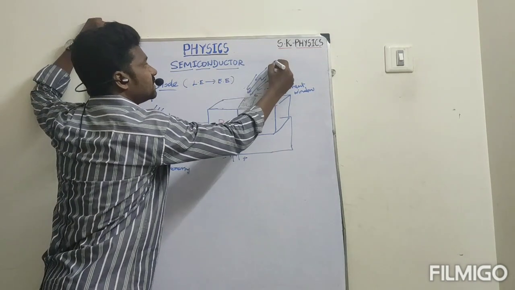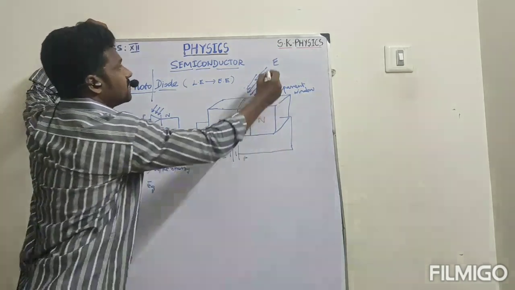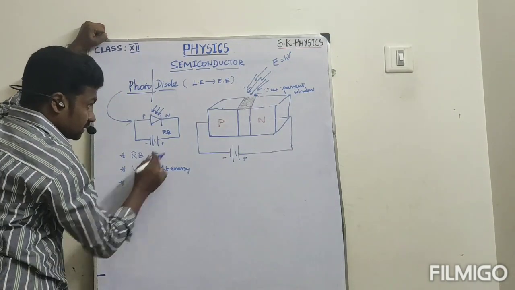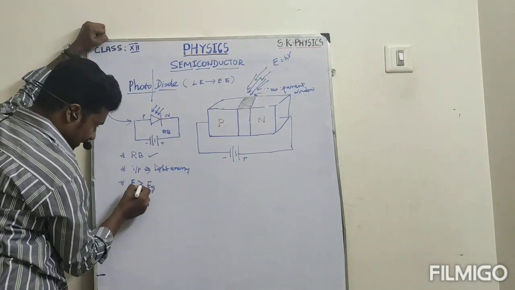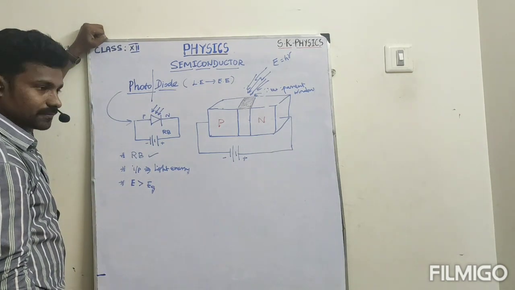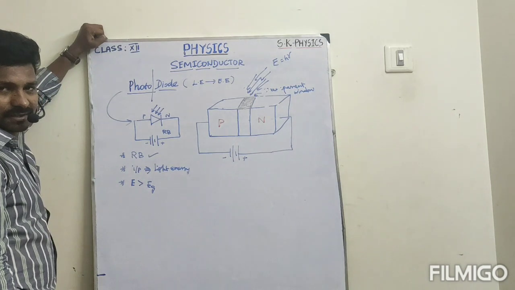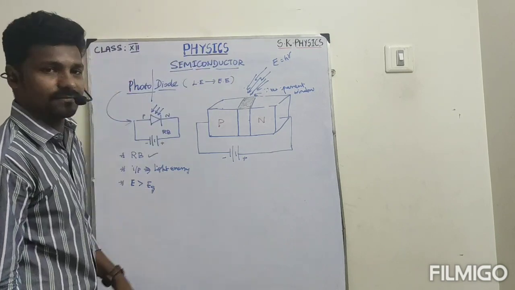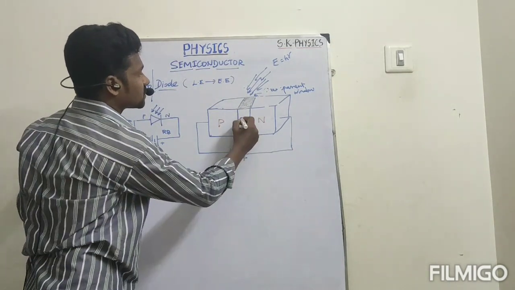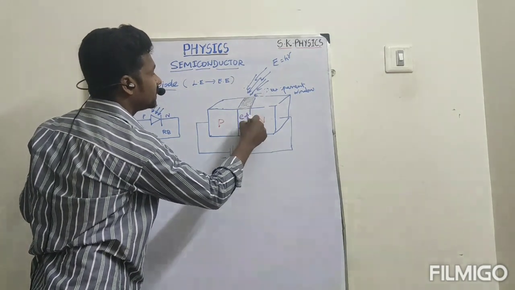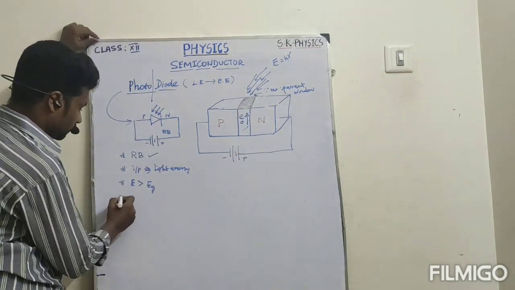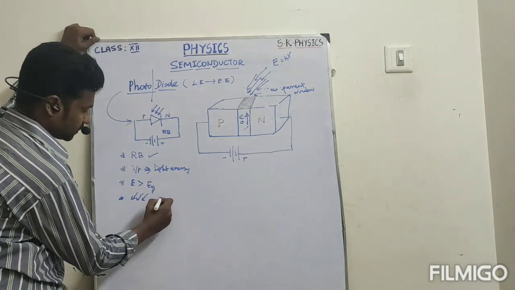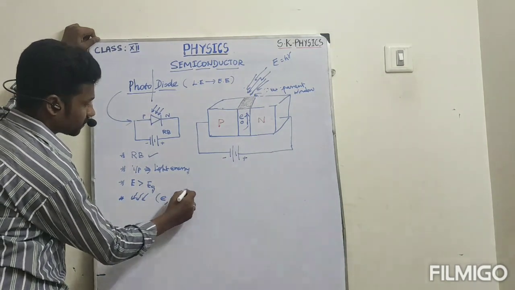We have to apply some energy, that energy is E, that is E is equal to h nu. This applied energy should be greater than the energy gap. Then we can get the response. Next step, while we apply that light energy, the electron and hole pairs will be increasing. So while we apply the light energy on the diode, the electron and hole pairs will be increasing.